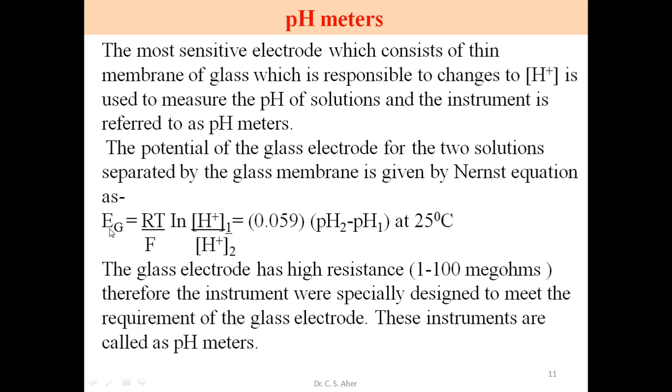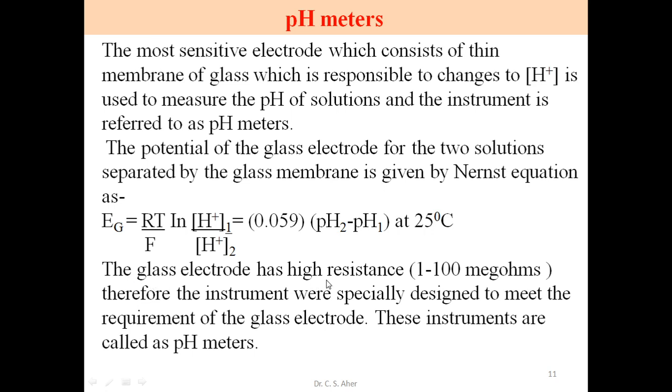EG, the EMF of the glass electrode, G for glass electrode, is equal to RT by F, ln of concentration of H plus ion 1 over concentration of H plus ion 2, where R is the constant, T is temperature, F is Faraday's constant, and the two solutions have two different concentrations. This is equal to 0.059 into bracket pH of second solution minus pH of first solution, at 25 degrees centigrade. So this gives the EMF of the glass electrode.